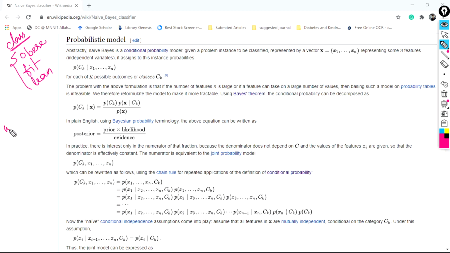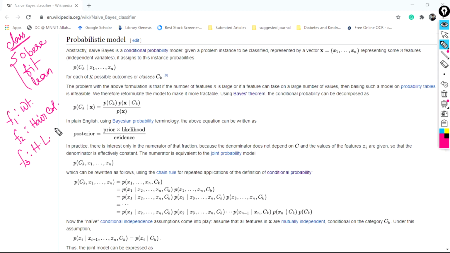So what is our feature vector? The first feature is weight. The second feature is hair color. The third feature, let's say, is hair length.